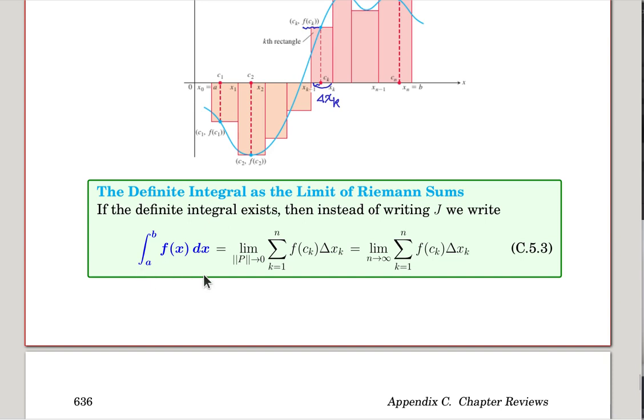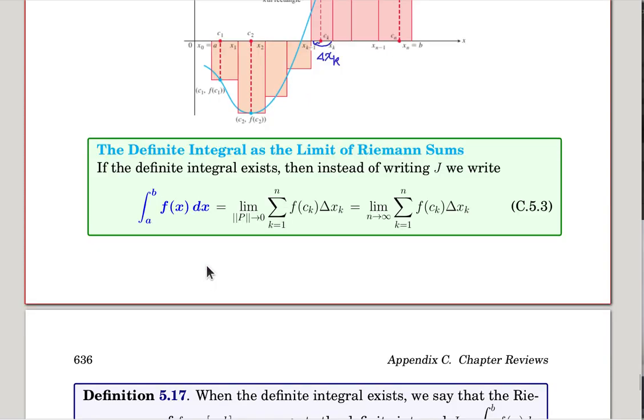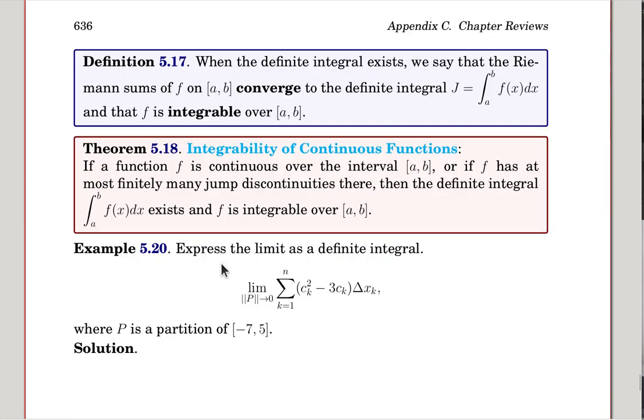And we use this notation. Now, when the definite integral exists, then we say that the Riemann sum of f converges to the definite integral. And we say also, in this case, f is integrable over the interval a b.